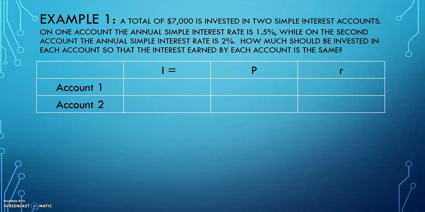Account 1 will say the principal is x, so account 2 is going to be 7,000 minus x. Our rate for account 1, 1.5%, is the decimal 0.015. Our rate for account 2, 2%, is 0.02.